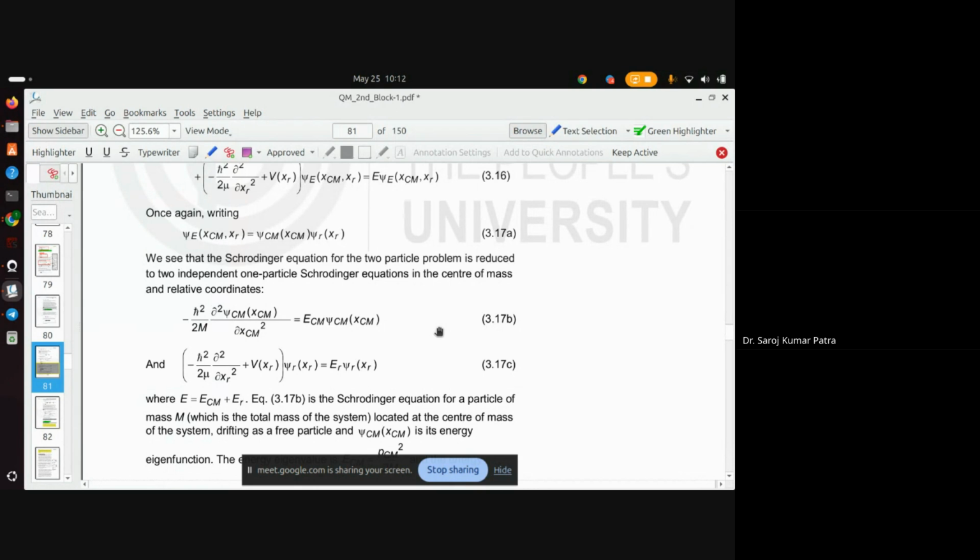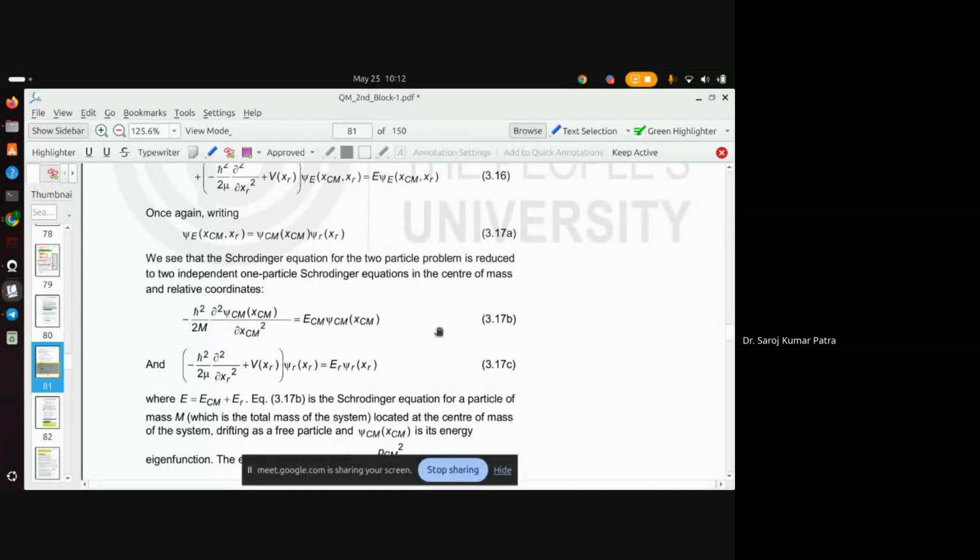Whereas in the second case, if they are interacting, then the potential will depend on the relative distance between the two particles. In that case, we can reduce it into another set of two differential equations. One is the center of mass system, another is the reduced mass system.